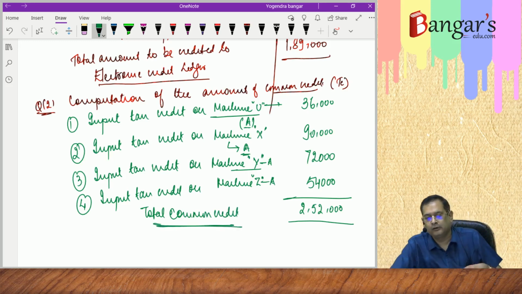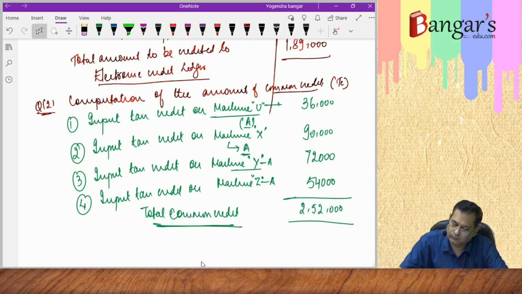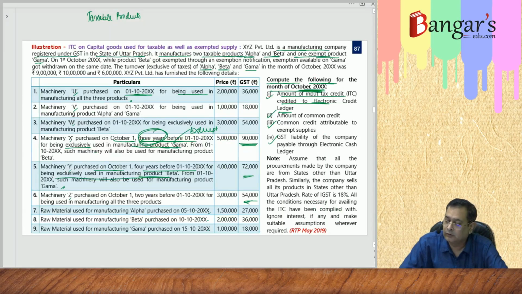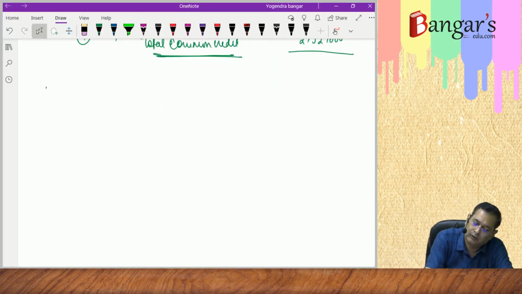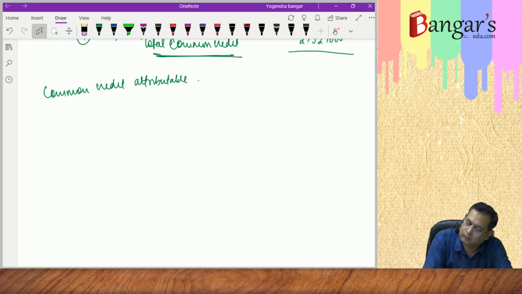Now you work out the next aspect, common credit attributable to exempt supplies. First, you find out the monthly credit.